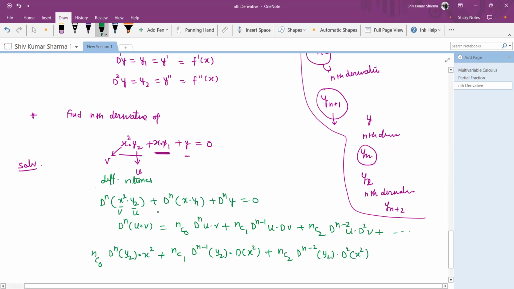Parallelly, when we do the second derivative of this term, it gives us a constant term. The differentiation of x square is 2x, and the second derivative is 2.